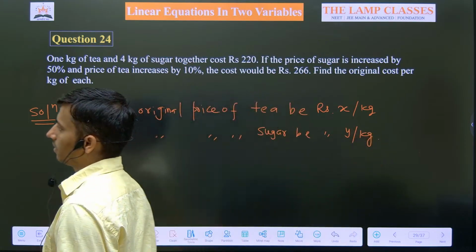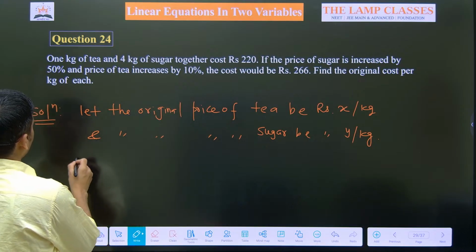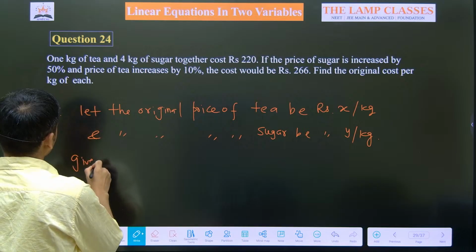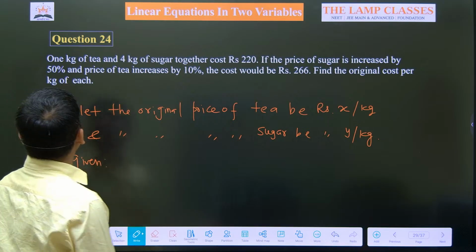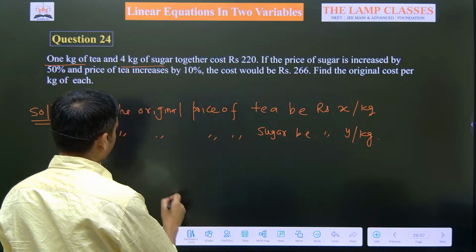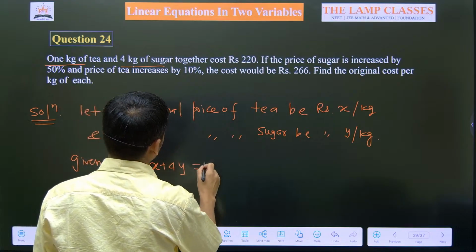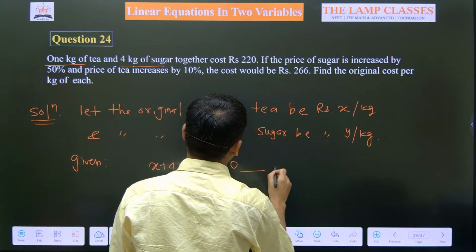Right? Let x be the per kg price of the tea. Now they have given the cost of 1 kg tea and 4 kg sugar together is 220. That means x plus 4y is 220. That is equation number 1.